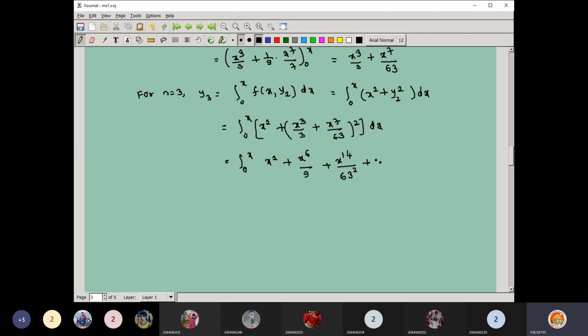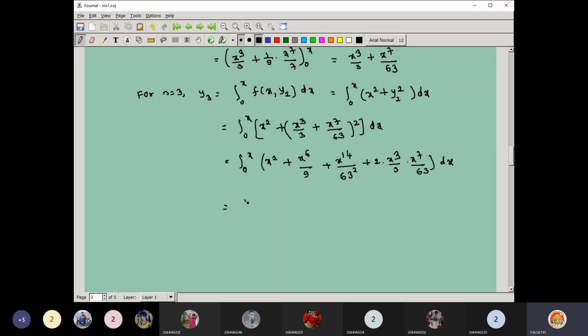Plus 2ab, which is 2 into x cubed by 3 into x to the power of 7 divided by 63, dx.